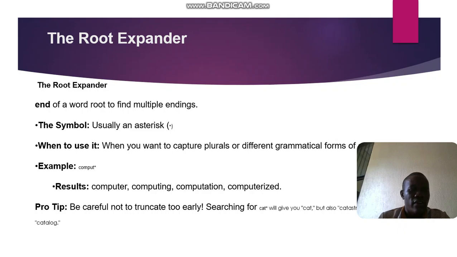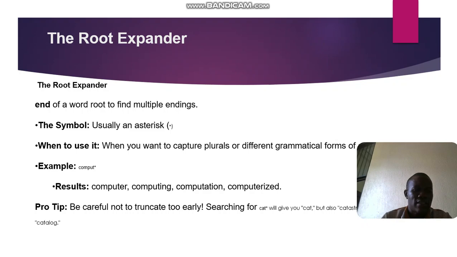The root expander truncates the end of a word root to find multiple endings. For this, we normally use the asterisk symbol. When do we use it? When you want to capture plurals or different grammatical forms. For example, we may have the word compute, where here we mean computer.